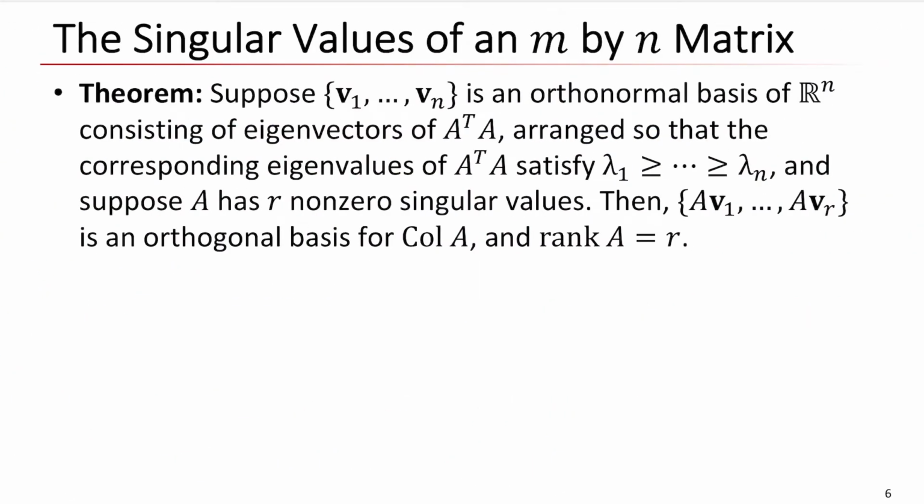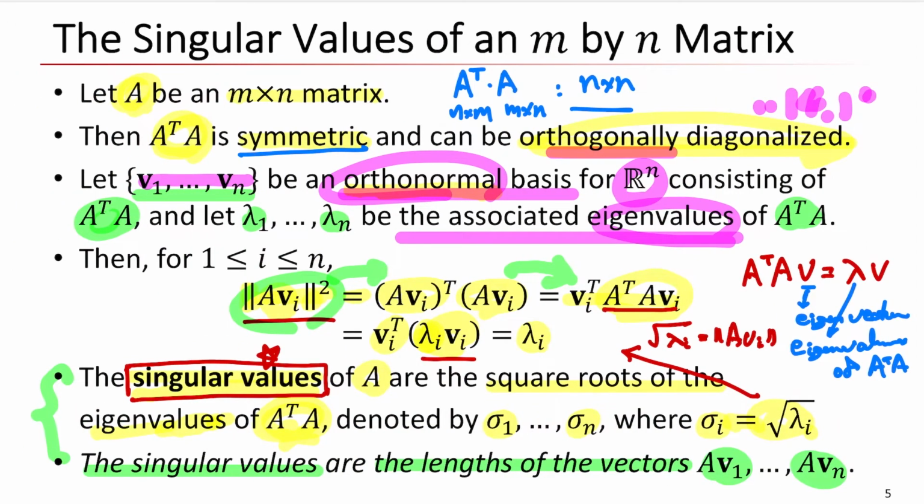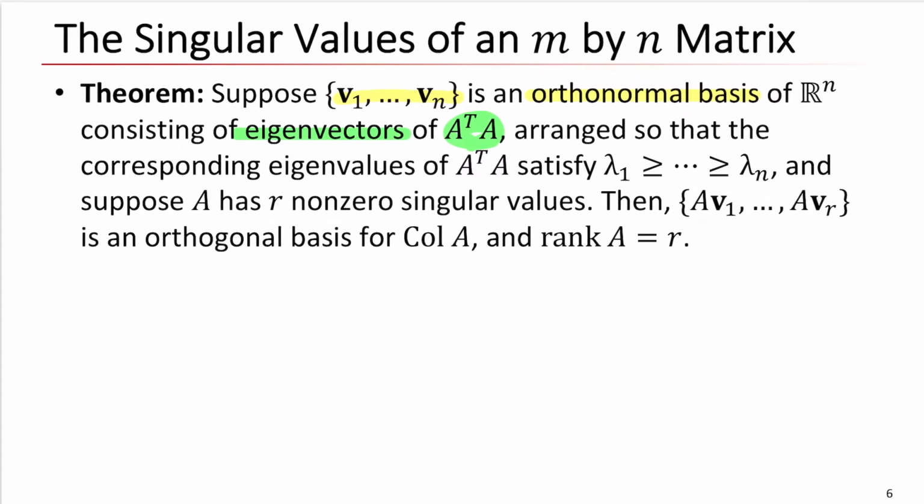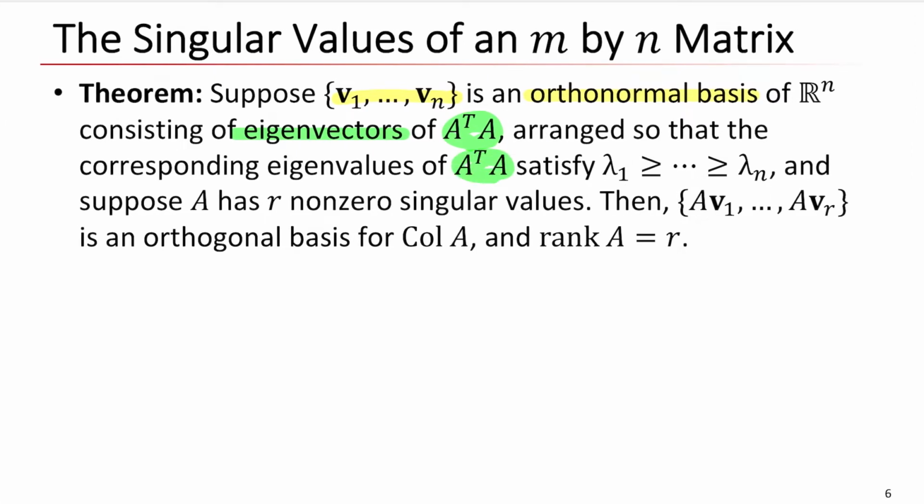Okay, so before that, there is one more theorem. Suppose v1 through vn is an orthonormal basis of the Rn space, consisting of eigenvectors of A transpose A, defined something like this, and arranged so that the corresponding eigenvalues satisfy this inequality, right?